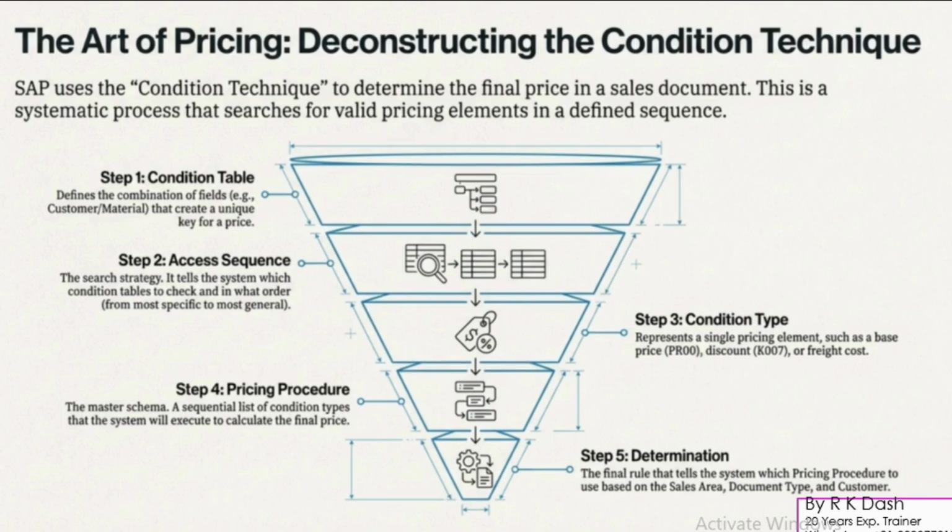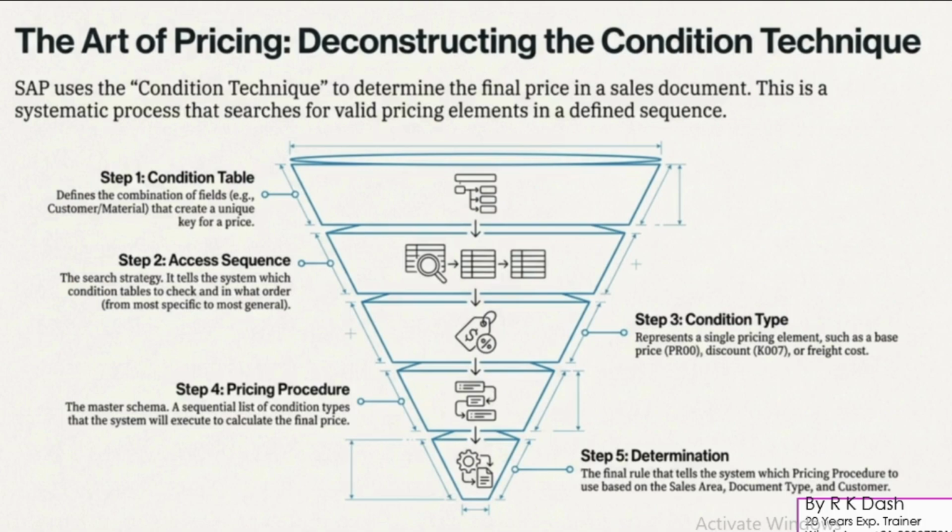The art of pricing: deconstructing the condition technique. SAP uses the condition technique to determine the final price in a sales document. This is the systematic process that searches for valid pricing elements in a defined sequence. So condition table, access sequence, condition type, pricing procedure and determination. This is the main important flow.